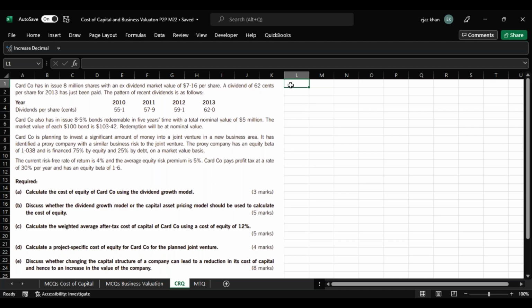So first of all, let's calculate the cost of equity using the dividend growth model. For that, we need to know the growth rate, the latest dividend, and the ex-div market price as well. The ex-div market price per share is given in the question. It's $7.16.